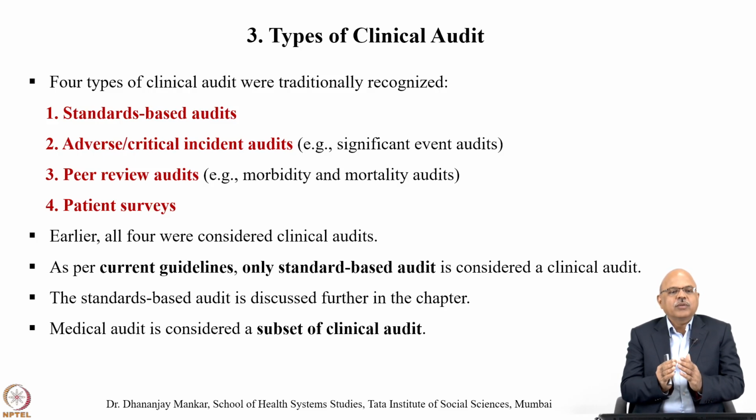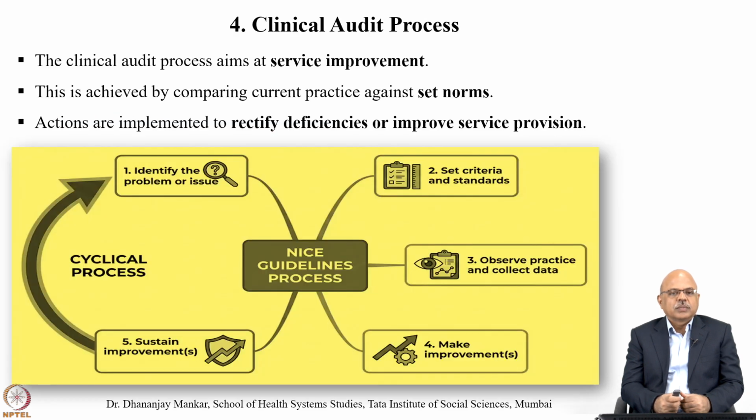So standard based audit plays the first and major role, and it is discussed further in this chapter. Medical audit is considered a subset of clinical audit, rather than being used interchangeably or synonymously with clinical audit.